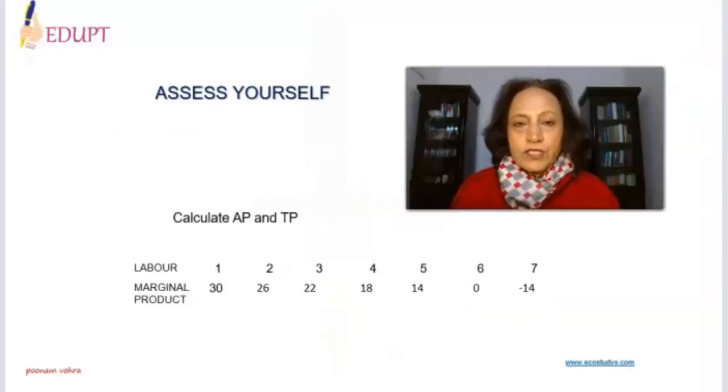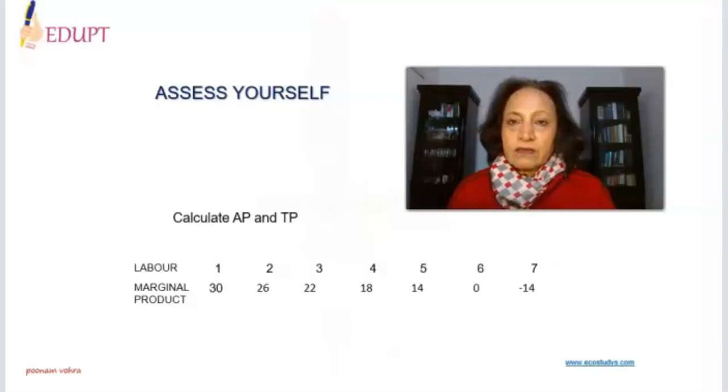Now look at this question. You have been given units of variable factor, that is labor, and its marginal product. One can notice that with increase in the units of variable factor, that is labor, marginal product goes on declining.